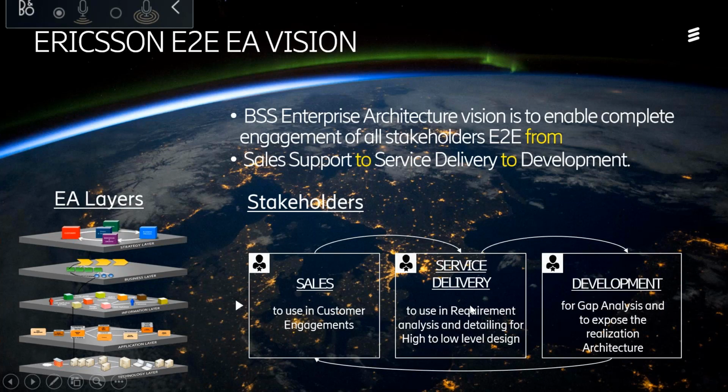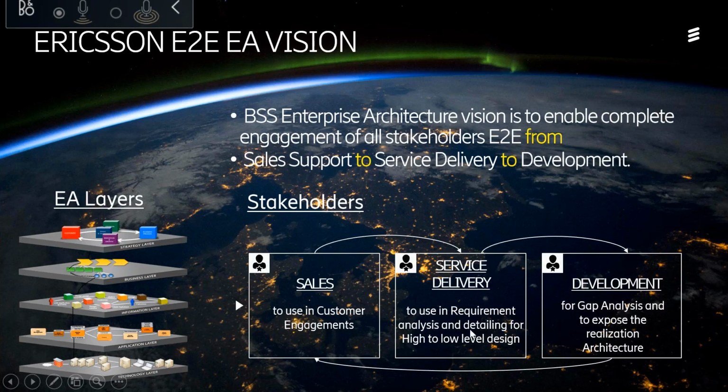We start detailing and breaking it down, and try to find the gaps between what we expose that we can provide and what the customer needs. Based on that, we do a lot of high-level and low-level design. Here we produce a lot of document generation, which becomes another repository for us to take forward.